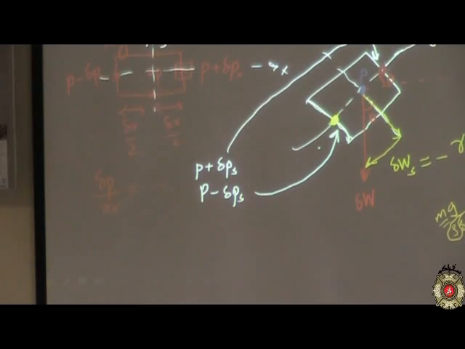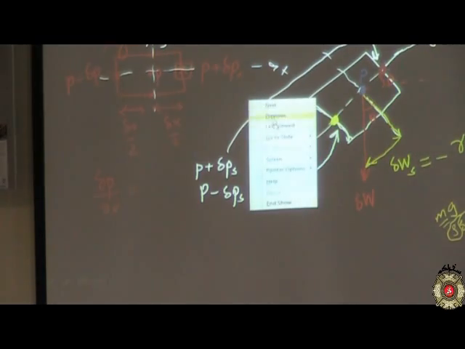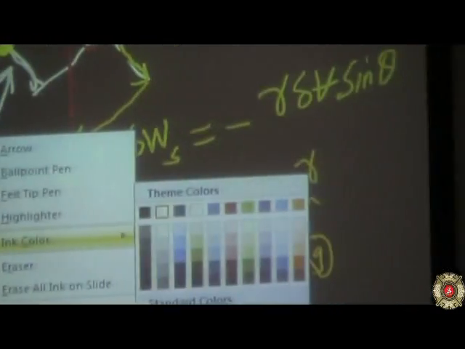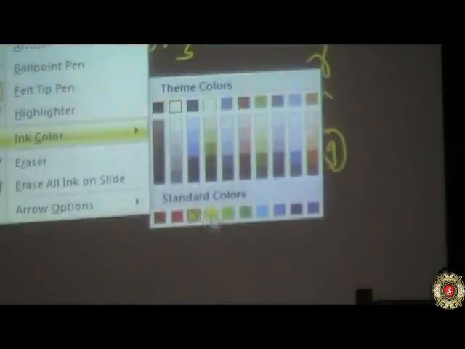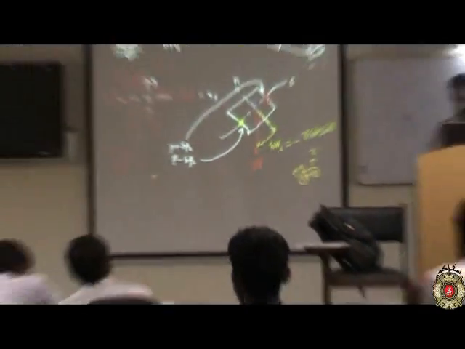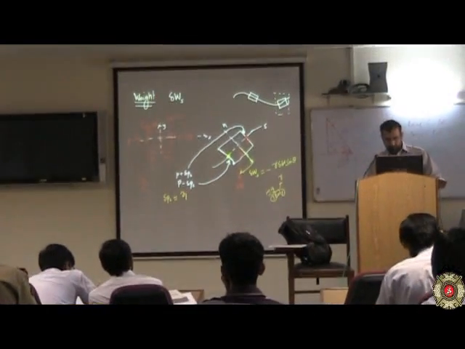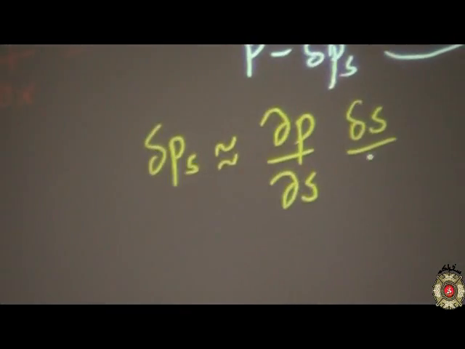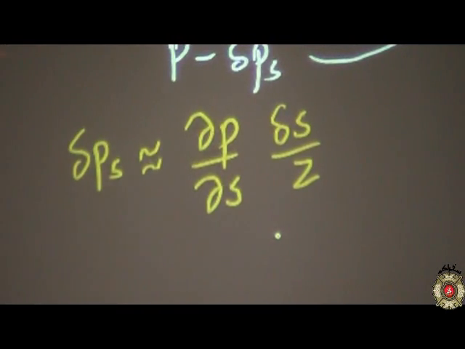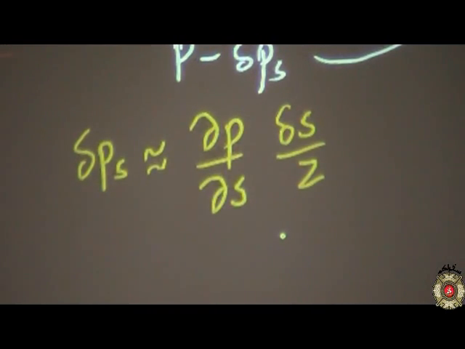And what I'm going to do now is write this expression directly, assuming that you guys know it, which is delta p sub s is approximately equal to partial p partial s delta s over 2. Previously it used to be partial p partial x delta x over 2.